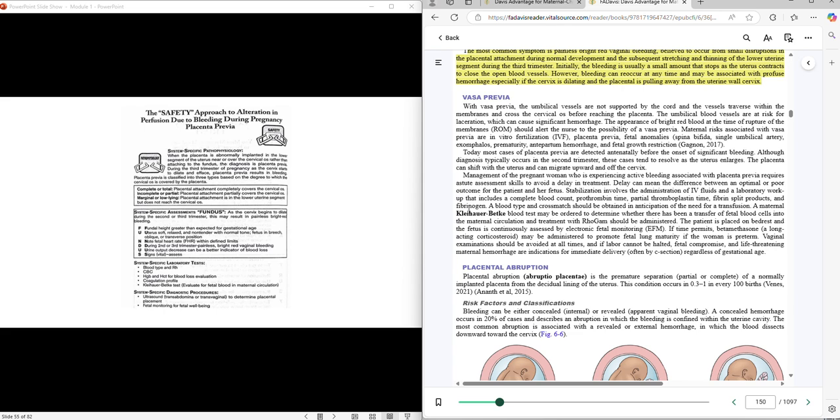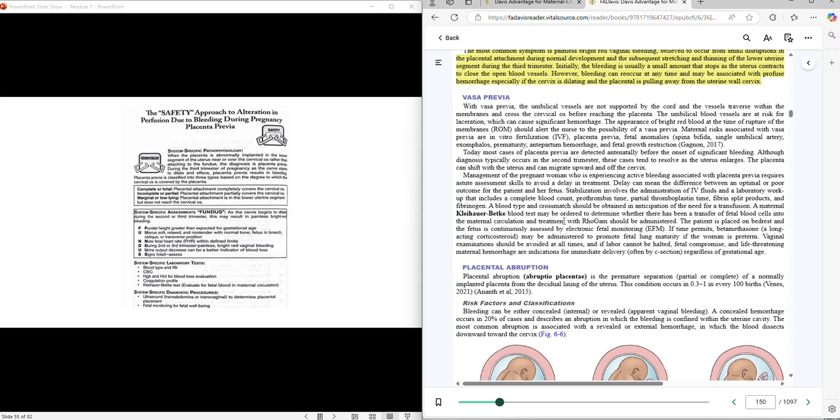All right, let's talk about the vasa previa. This is where the umbilical vessels are not supported by the cord. You can read through that. The Kleihauer-Betke is a blood test that's ordered to determine whether or not the maternal blood and fetal blood have mixed.